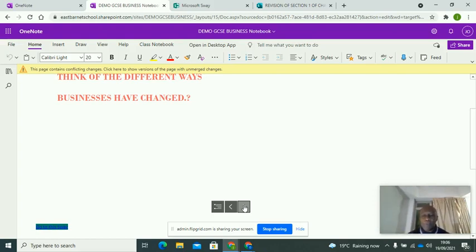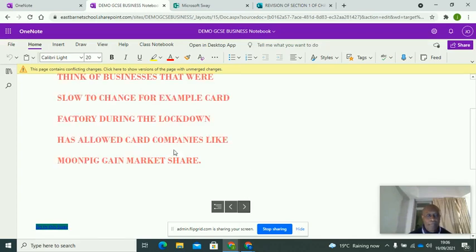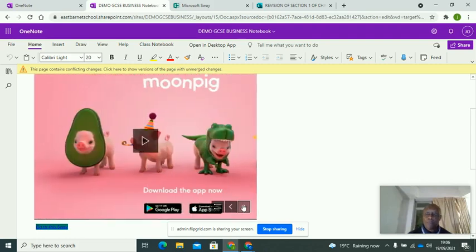So they were moving more towards technology, and Moonpig really prospered from doing that, where Card Factory didn't really do that. Okay. So that's the example during lockdown, and that's led to the emergence of Moonpig, which is now quite a big player in the card market, which didn't happen before the lockdown.